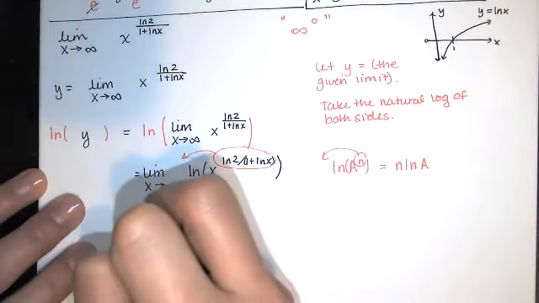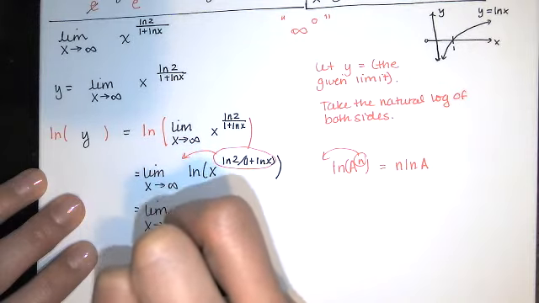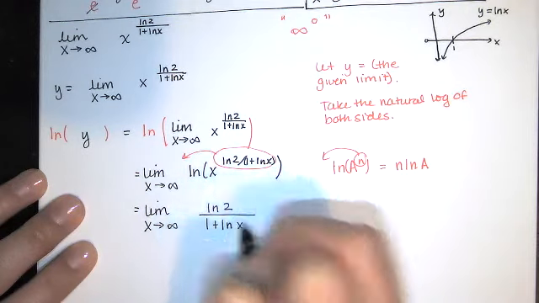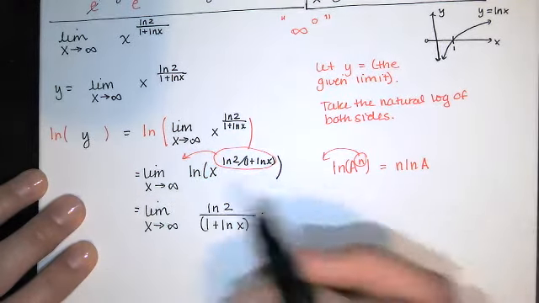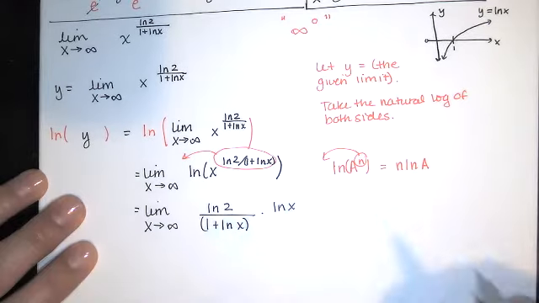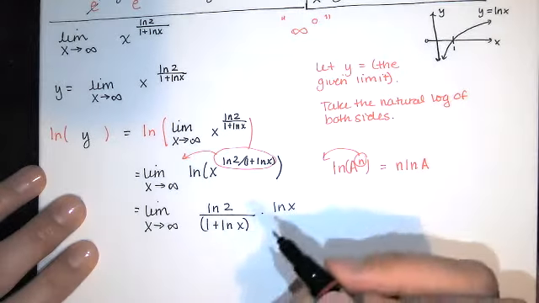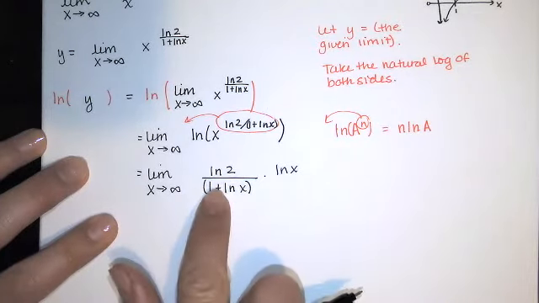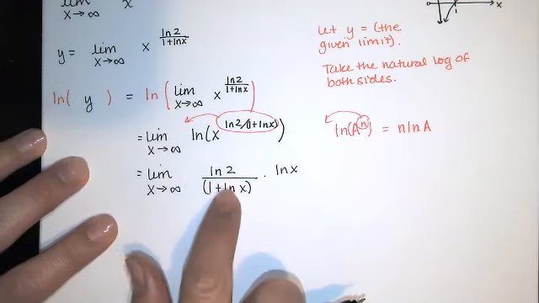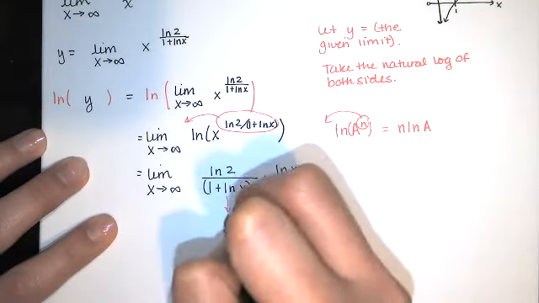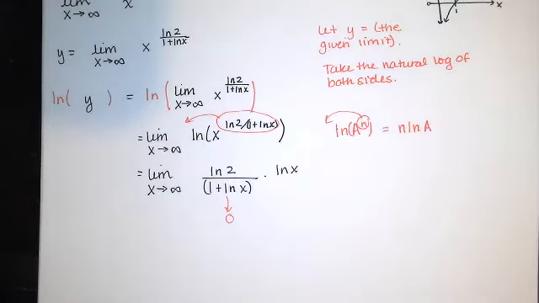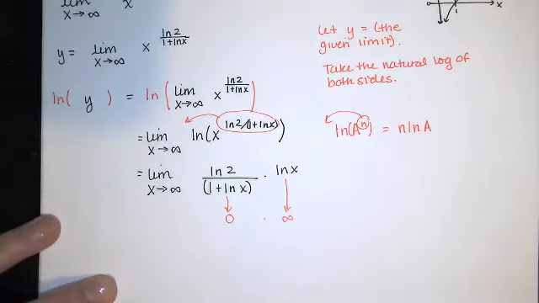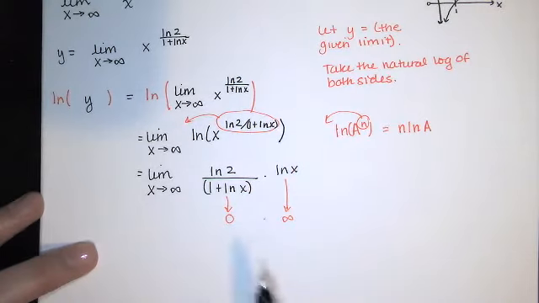So this becomes the limit as x approaches infinity of the exponent times log of x. Now right now, we know that the denominator is going to infinity. So we've got 1 over something very large, it's just something very small. So we get 0 there. And then as x goes to infinity, natural log of x goes to infinity. So we have a 0 times infinity indeterminate form.